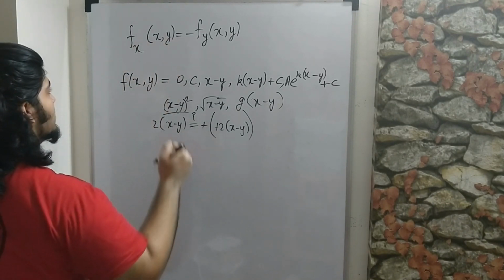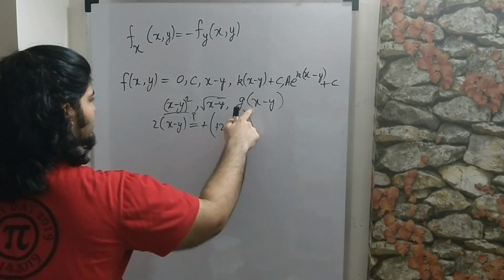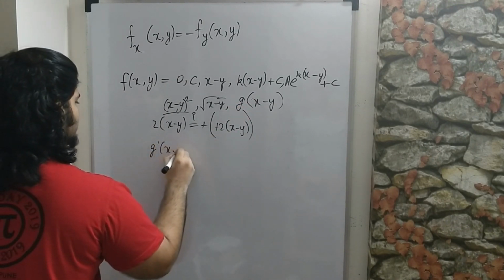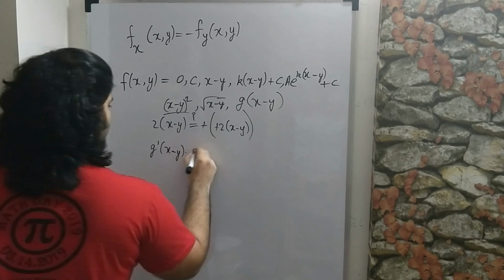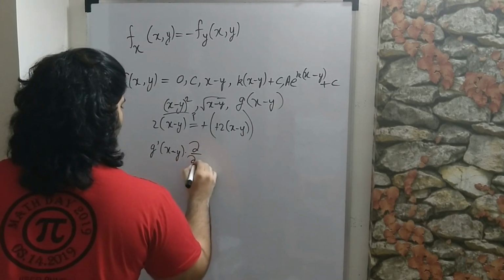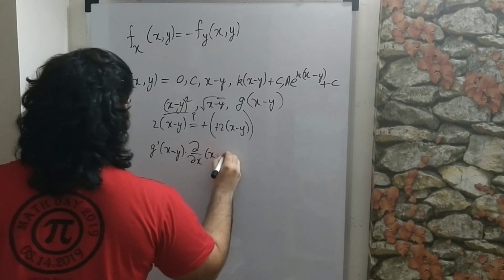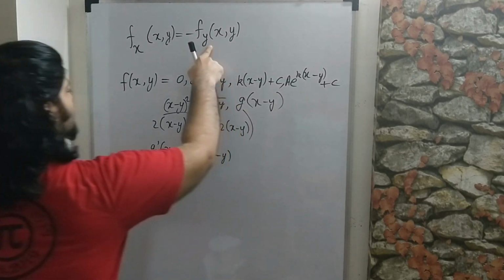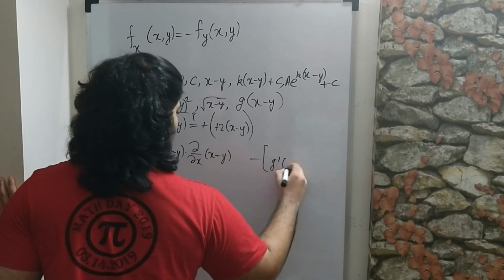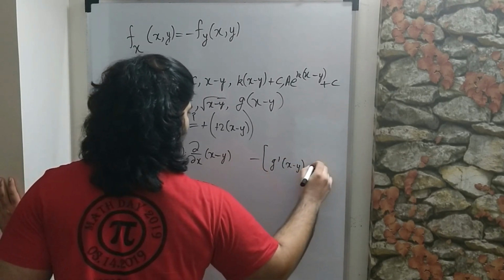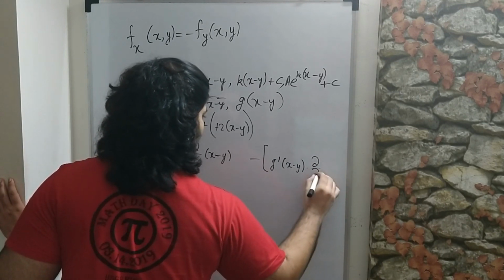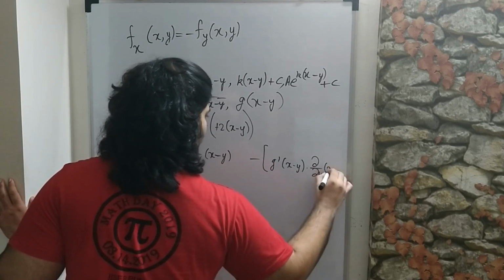To show you that this general solution also works, we can do the same thing over here. If you partially differentiate this with respect to x, you get g prime of x minus y times the partial with respect to x of x minus y. And if you evaluate the other side, you get the negative of, again, g prime of x minus y times the partial with respect to y of x minus y.